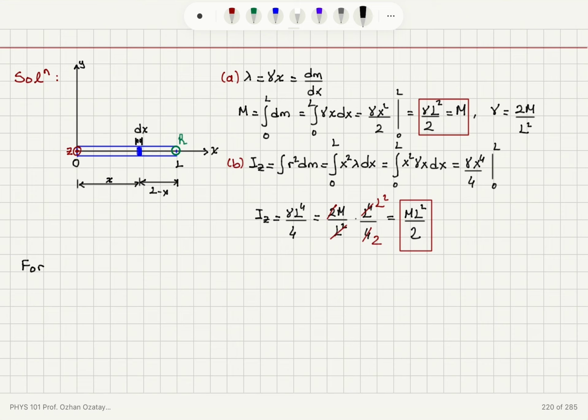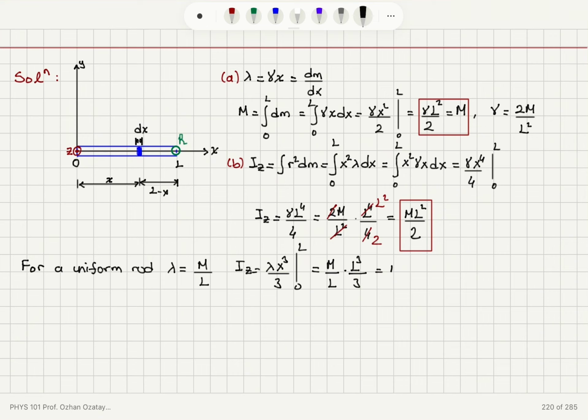If this were a uniform rod, with a uniform mass distribution, I would have lambda, the linear mass density, equal to the total mass capital M divided by the total length L. In which case, my moment of inertia with respect to the z-axis would be the integral of lambda x squared dx, which is lambda x cubed over 3, because lambda does not depend on x, evaluated between 0 and capital L, where lambda is a constant, capital M over L, multiplied by L cubed divided by 3.